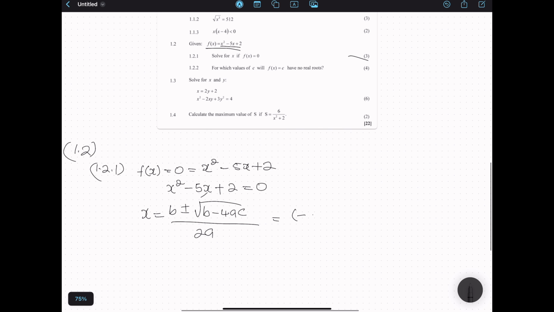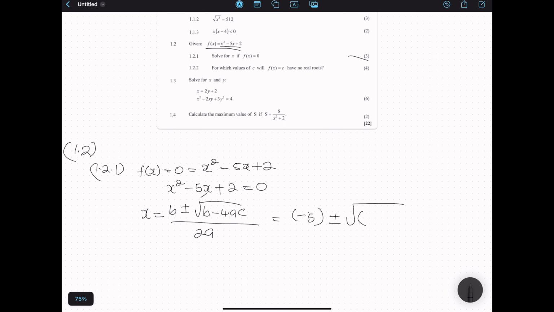Let's put that minus 5, then plus or minus. Let me put both of them at the same time.